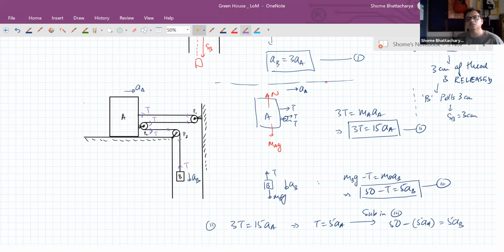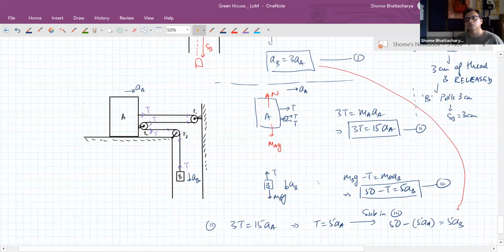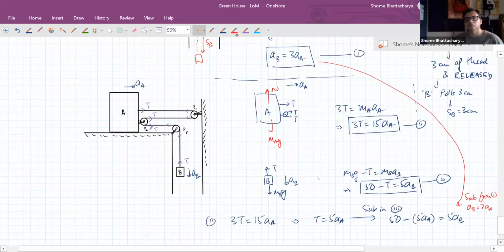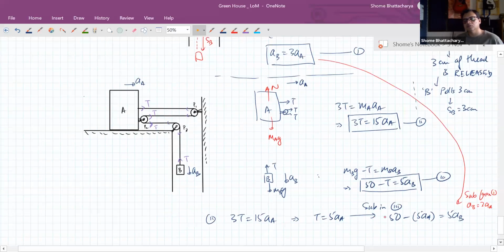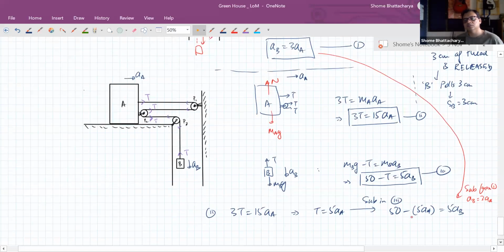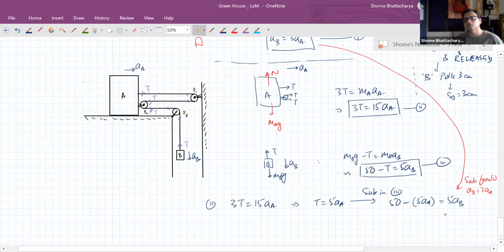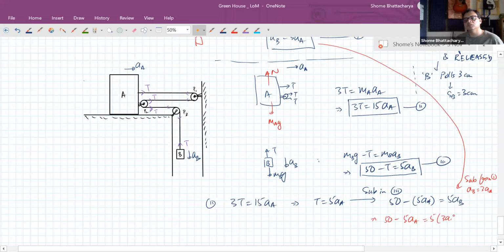And now from your first equation, substitute from equation 1: acceleration of B is 3 times acceleration of A. So this will give us 50 minus 5A is 5 times 3A.